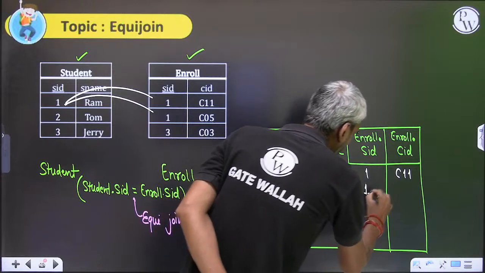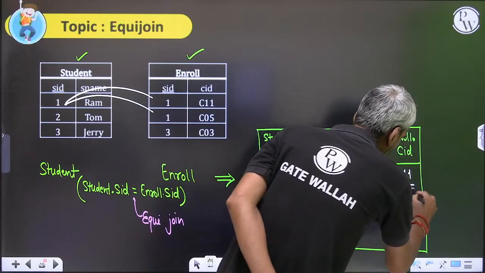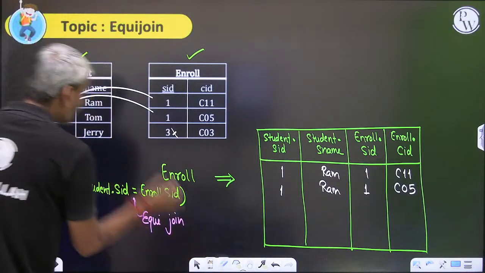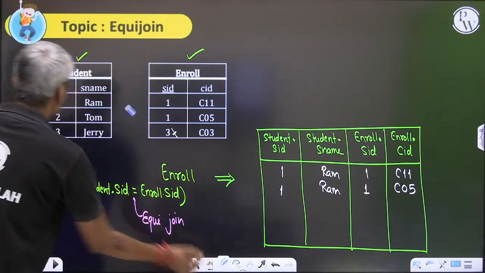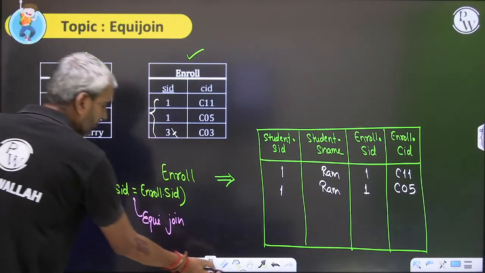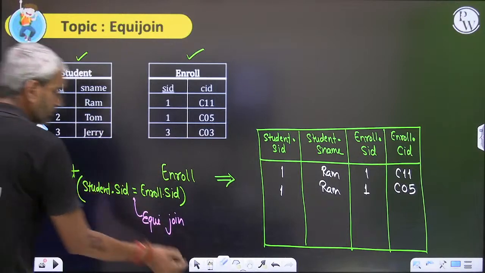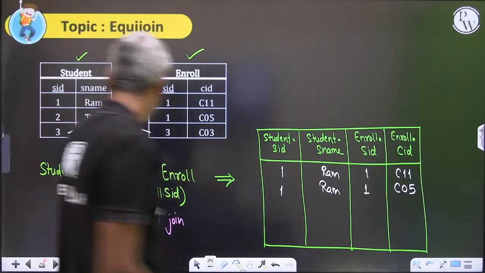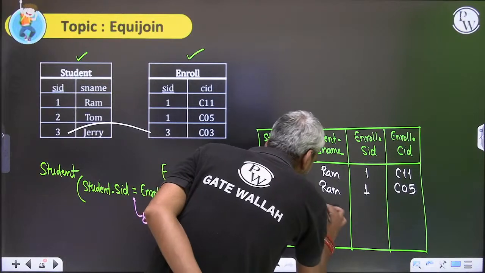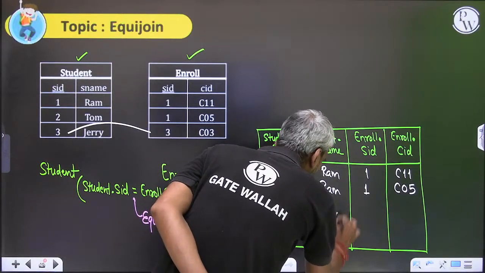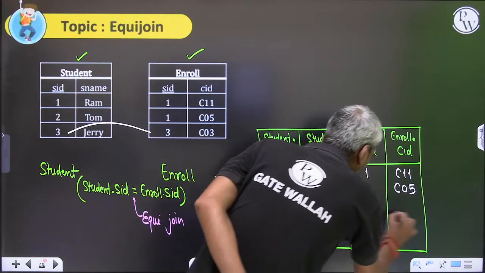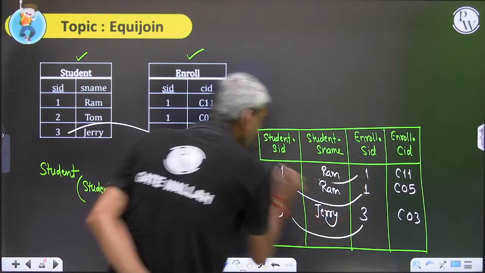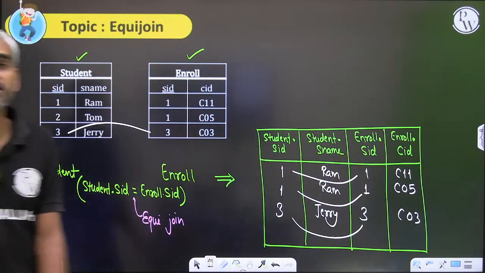Now, this 1 is not equal to 3, therefore this 2 will not be combined. 2 is not equal to any one of these 3, therefore 2 also will not be combined. And 3J is equivalent to 303, so 3J will be combined with 3C03 because these values are equal. This is the condition to perform the join operation.